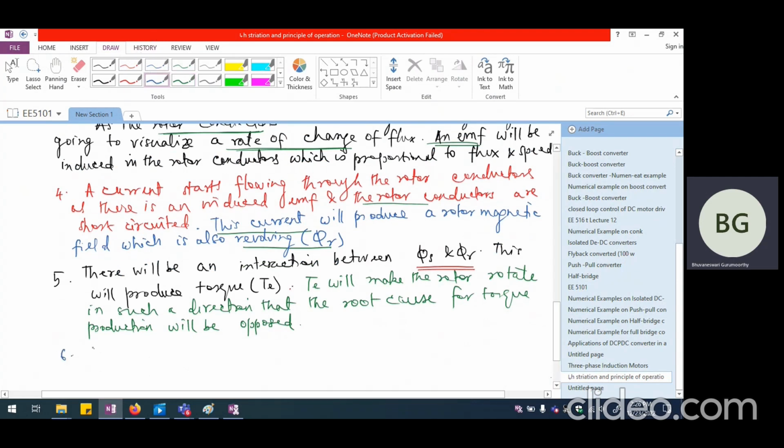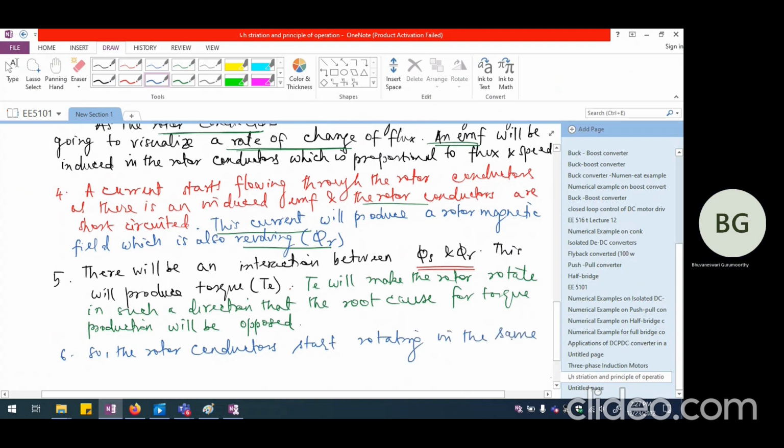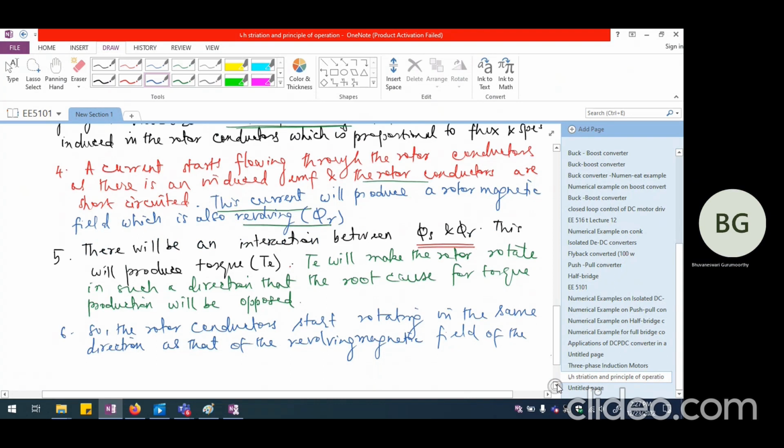So the rotor conductors start rotating in the same direction as that of the revolving magnetic field of the stator.